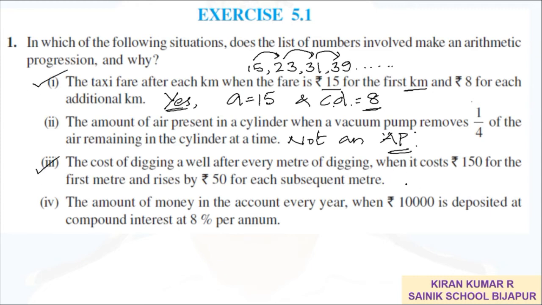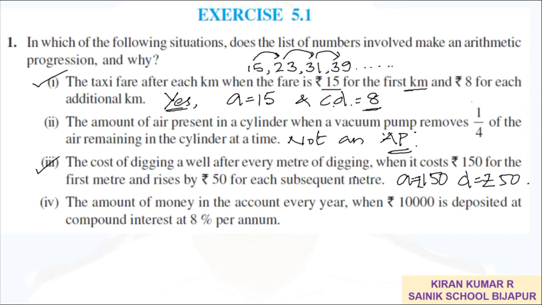The reason is the first term I can consider as 150 and the common difference I can take as rupees 50. For the second meter it is 200. For the third meter it is 150 plus 2 times 50, 250. So each time there is an addition of rupees 50. So it forms an AP.